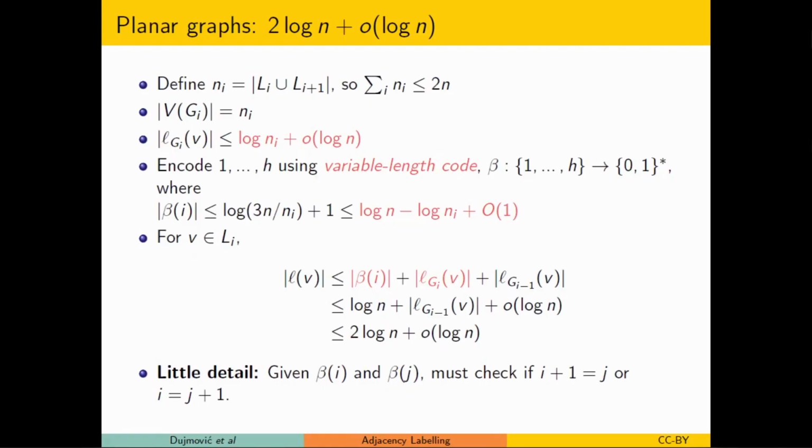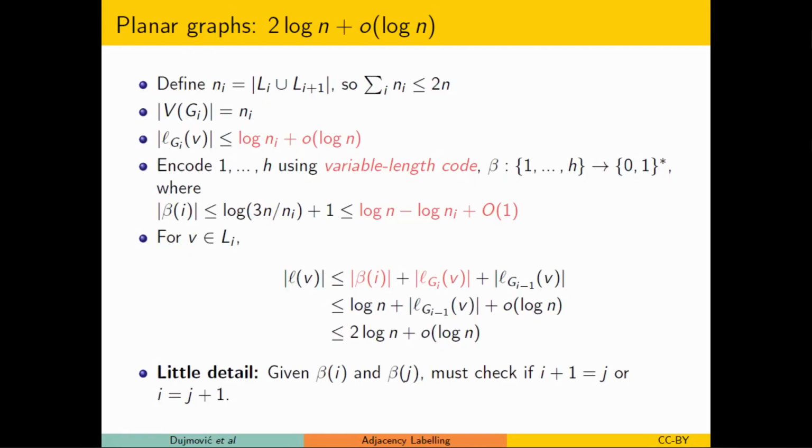And if you look at the code word for i and the code word for i minus 1, there's a very simple difference between those two things. So if I give you the code word for i, there's a very short description of how you can get the code word for i minus 1. Erase something and then add something. So there's a little bit hiding there, both in the encoding of multi-part labels and this little thing.